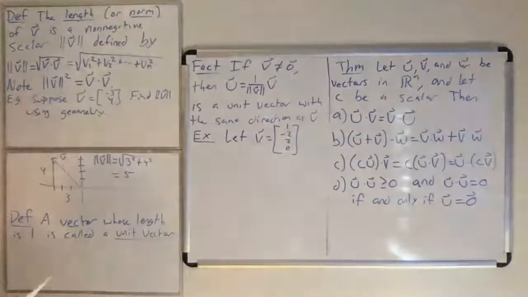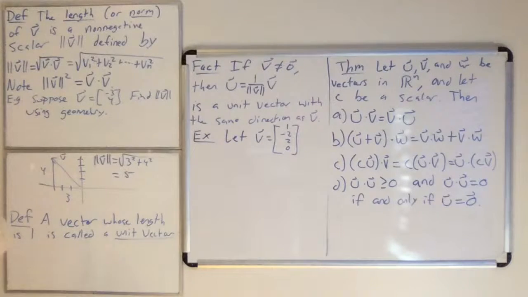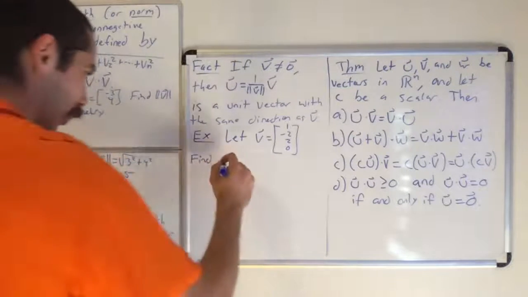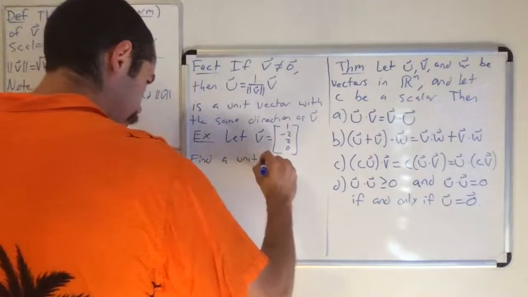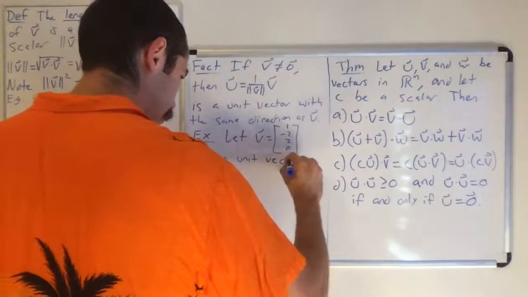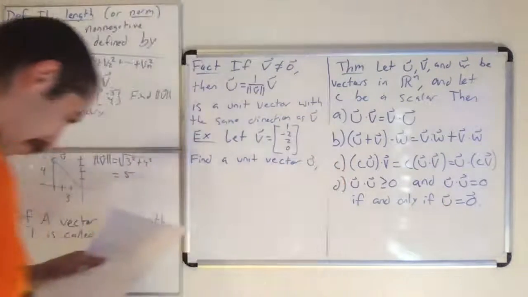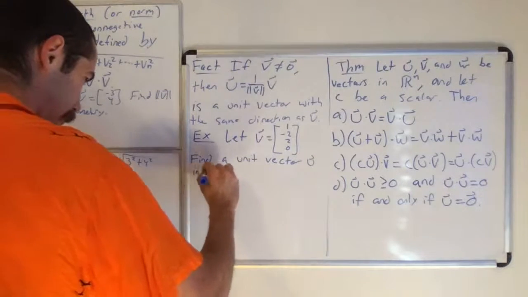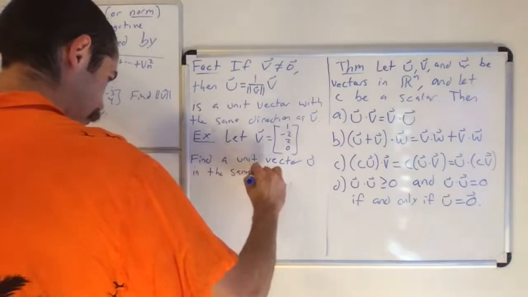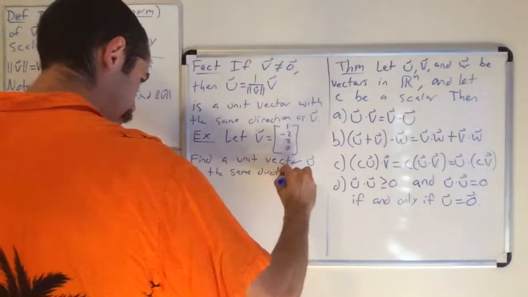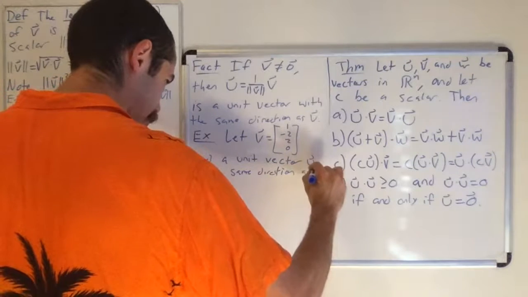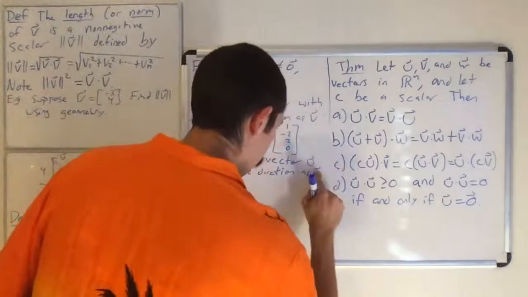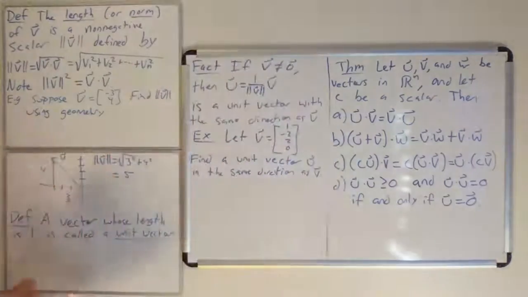Okay, so we have this vector 1, -2, 2, 0. And the question is find a unit vector U in the same direction as V. Okay?